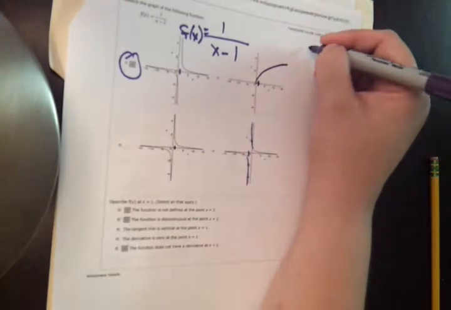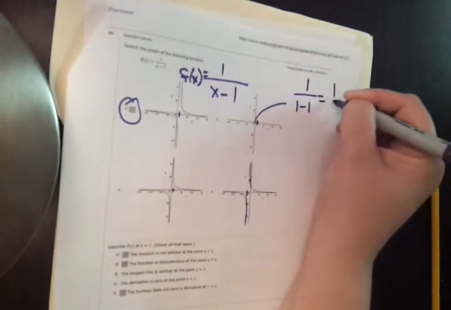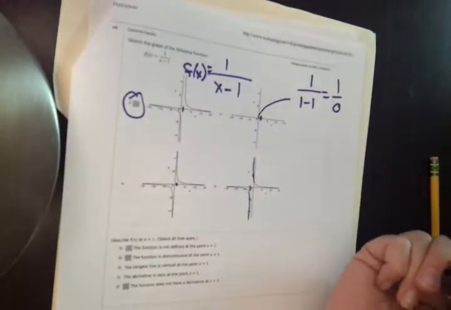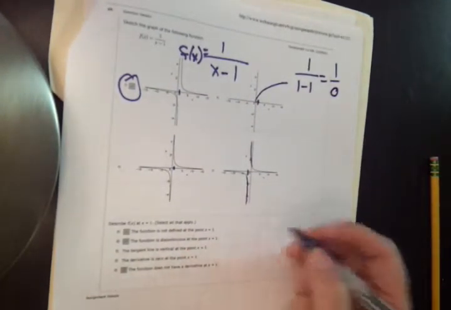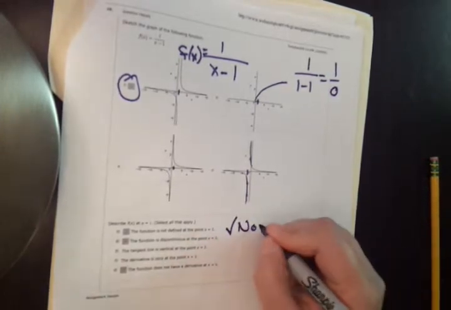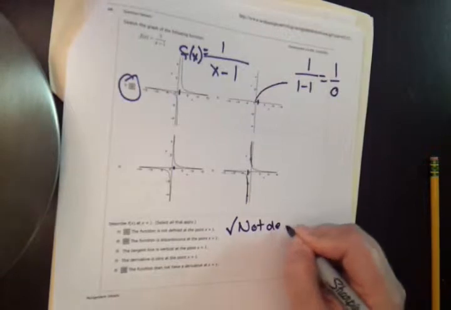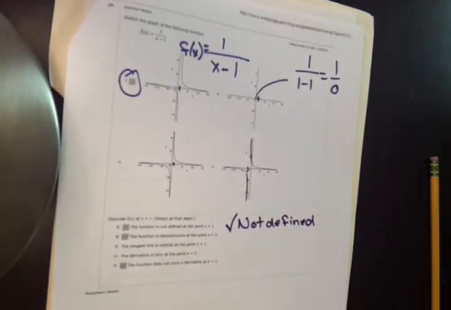If we have 1 over 1 minus 1, that equals 1 over 0, which is undefined. So that's actually a correct choice. I'll put a check mark here, and I'll write not defined, because that's basically what that statement is saying.